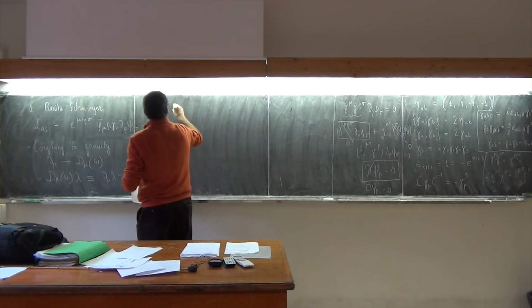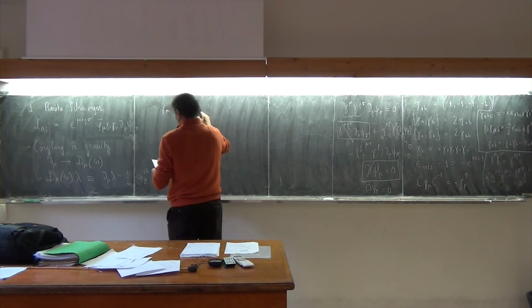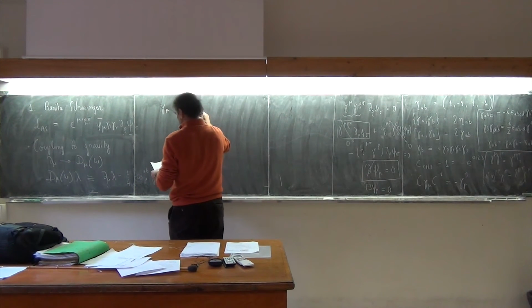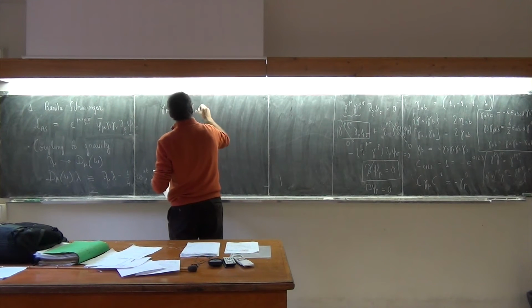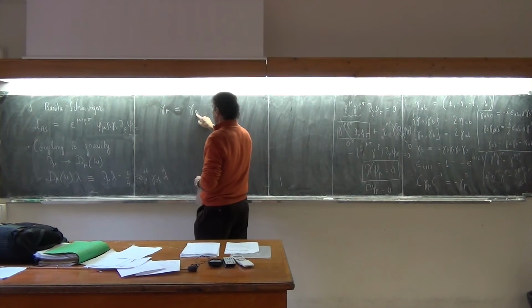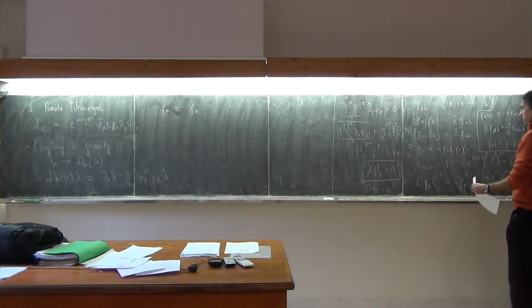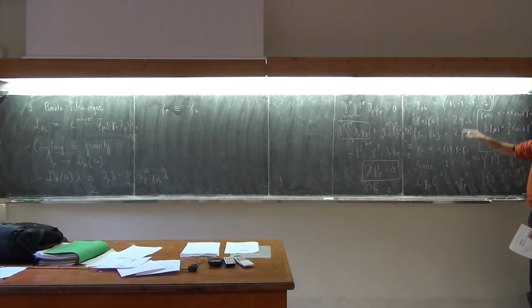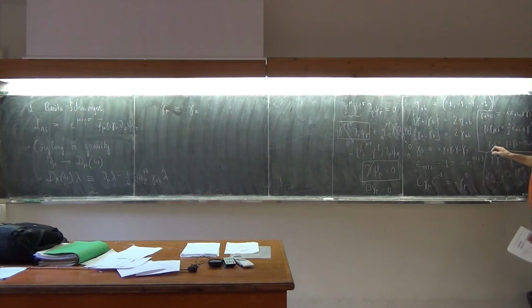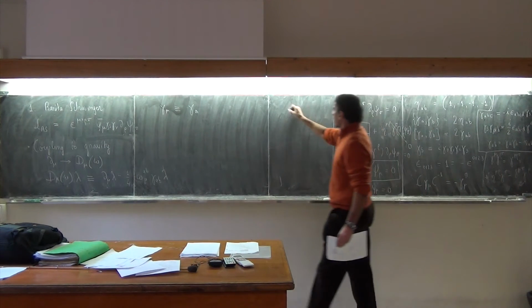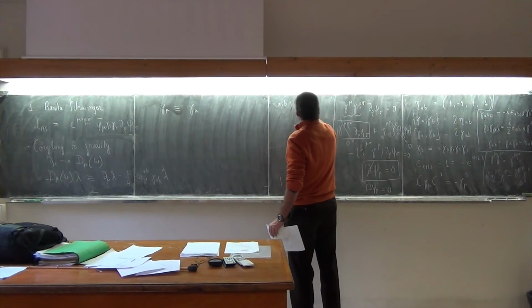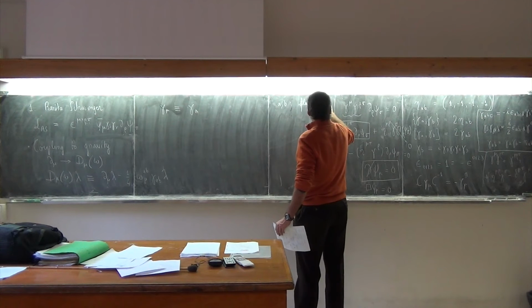Now I have to distinguish them from flat indices, and they will be distinguished in this way. This is the gamma A with flat index, which are part of the algebra. These are numerical matrices. When they have these flat indices A, B, we call them flat indices.